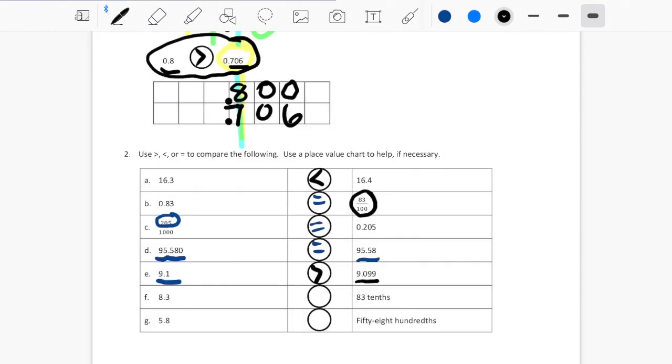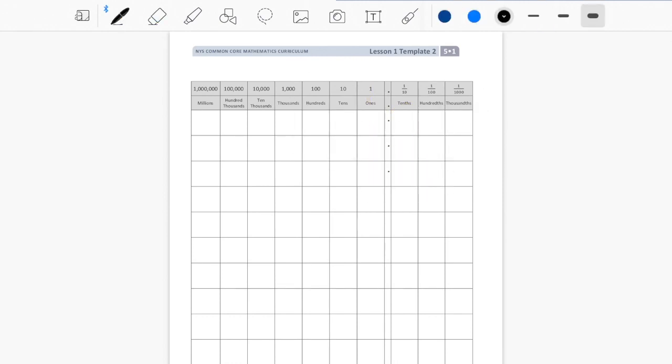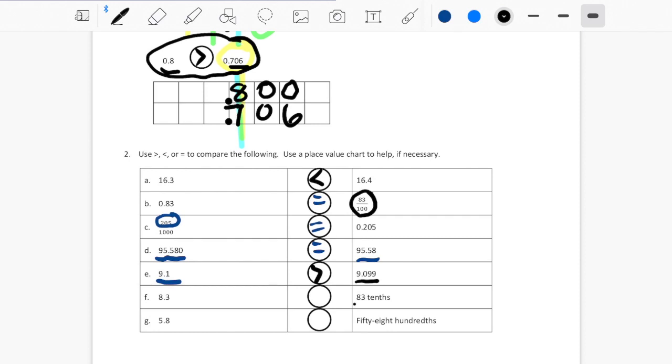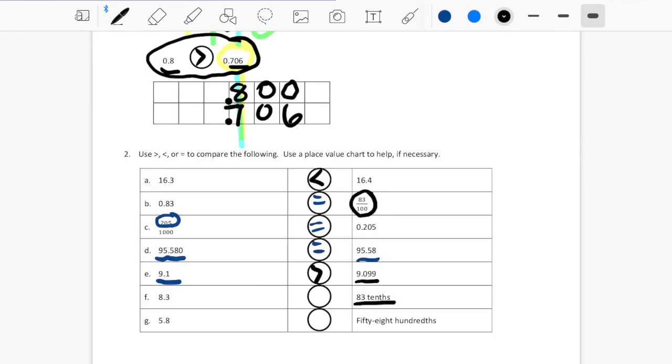8 and 3 tenths compared to 83 tenths. 83 tenths is written as 8.3, 83 tenths. They are the same, equal.